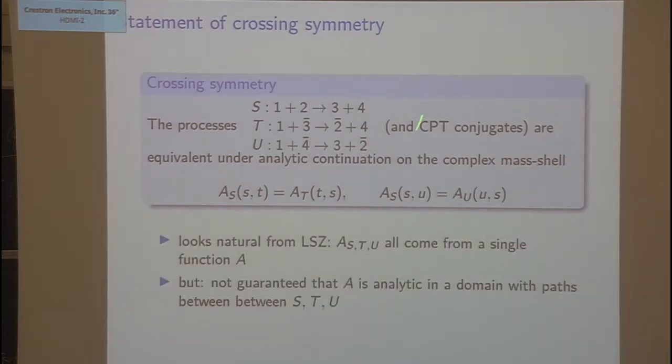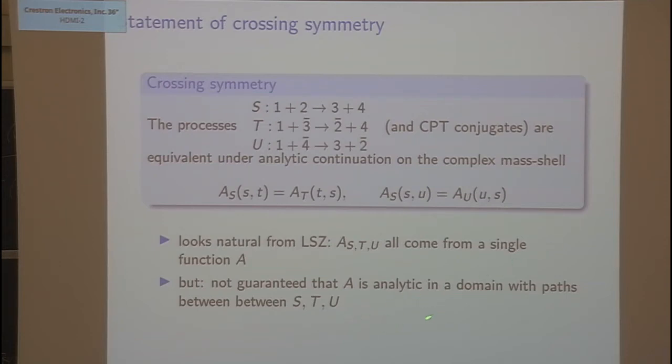This crossing symmetry looks very natural from LSZ, you would say, because all the amplitudes for s, t, and u come from a single function A, which comes from the off-shell Green function. So you would say it's obvious that everything comes from a single function, and I just have to continue the argument. But the main problem is that the physical regions, as I said, are disconnected, and you are not sure that this original function A or even G is really analytic on the whole domain you need.